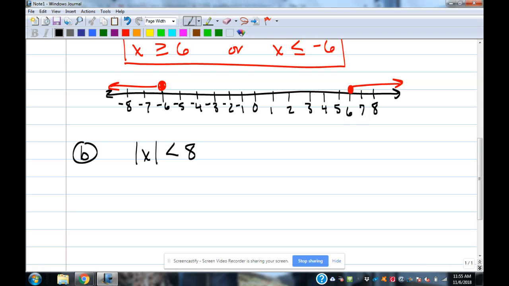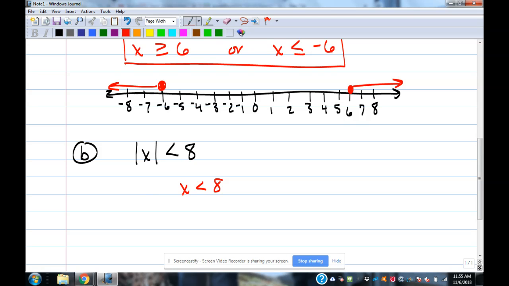How did we set up and problems last week? How could they be written? Like a sandwich, right? So what we can do is set up a sandwich. What symbol was on the other side always? Less thans or greater thans?